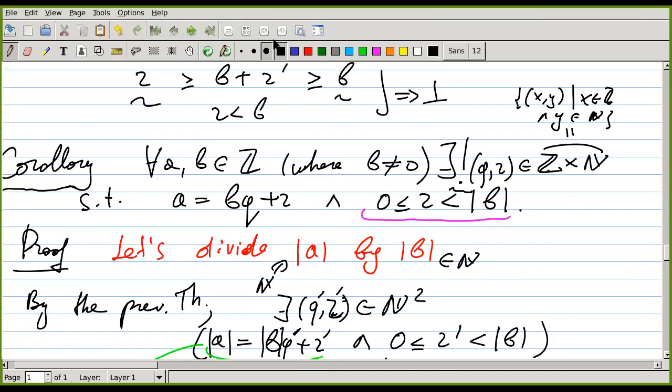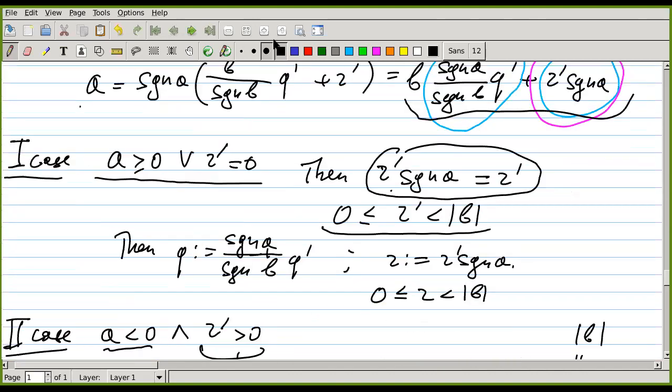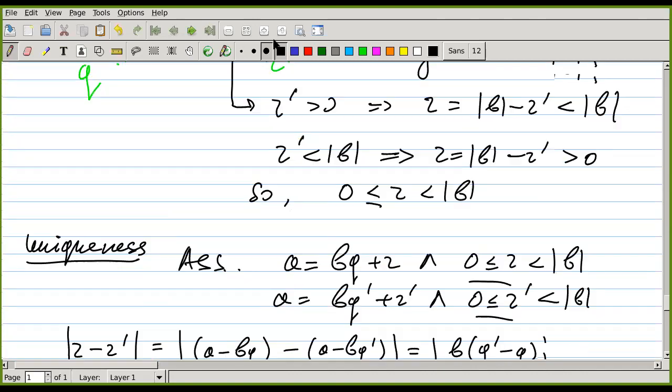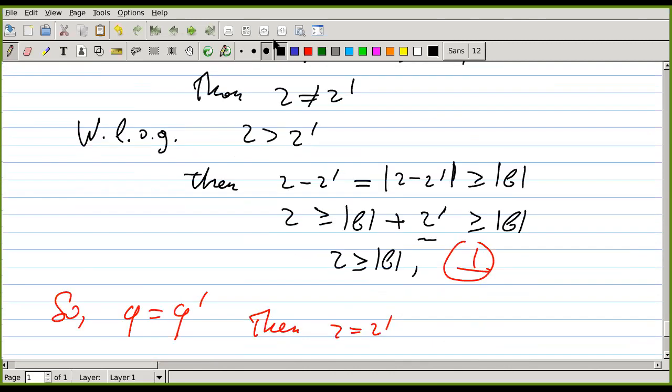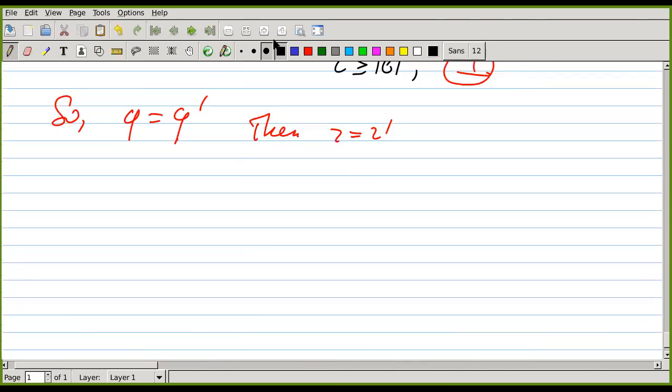How is it practically possible to divide one number by the other one? The main idea is as follows. If you somehow provide Q and R, you can be sure that this choice is unique.